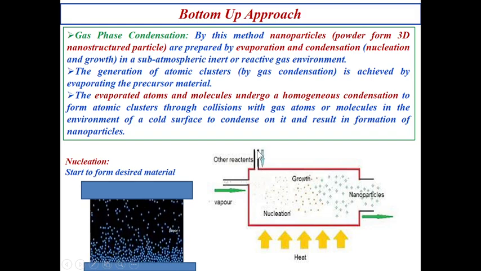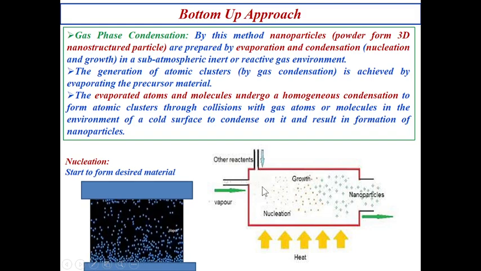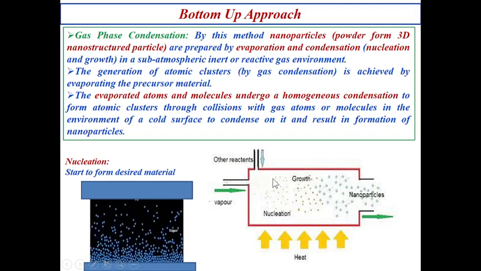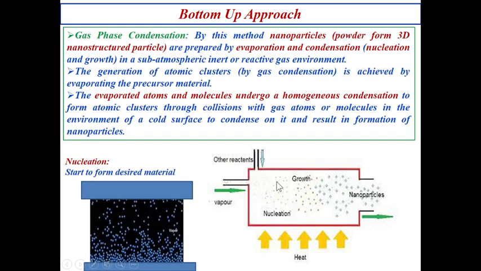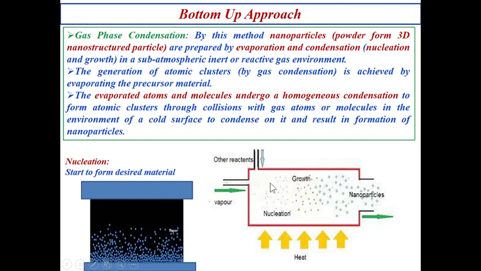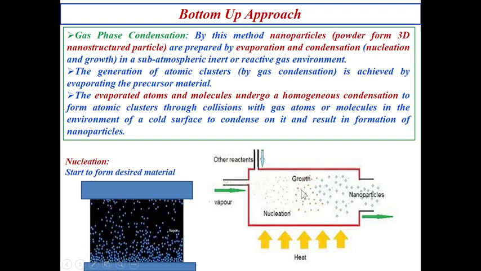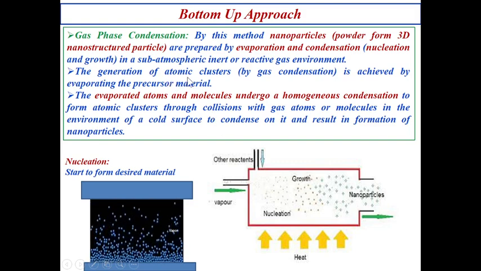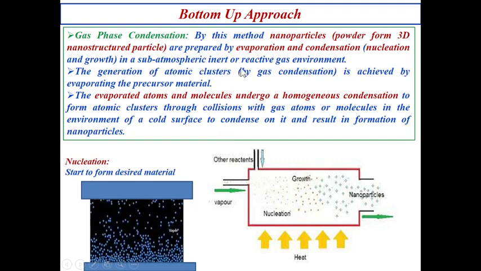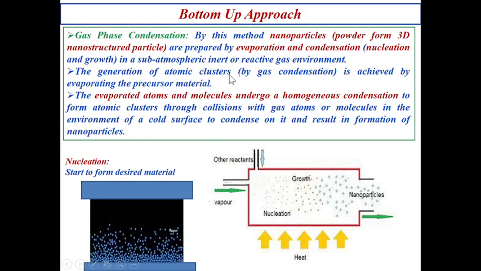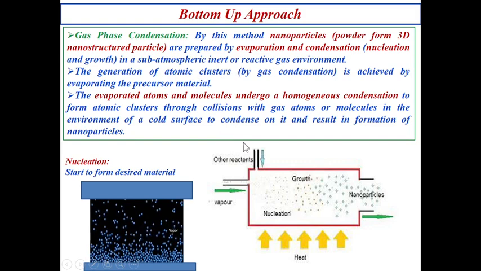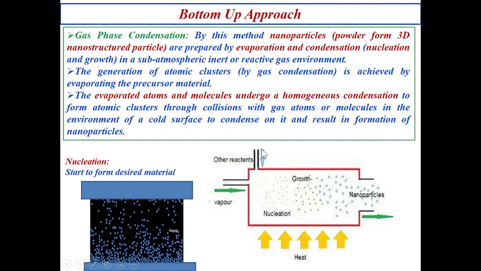Here we inserted raw material in powder format. So when the powder is evaporated, the atoms of the raw material come into contact with each other to form atomic clusters. Atomic cluster means at a time we consider a large number of atoms.